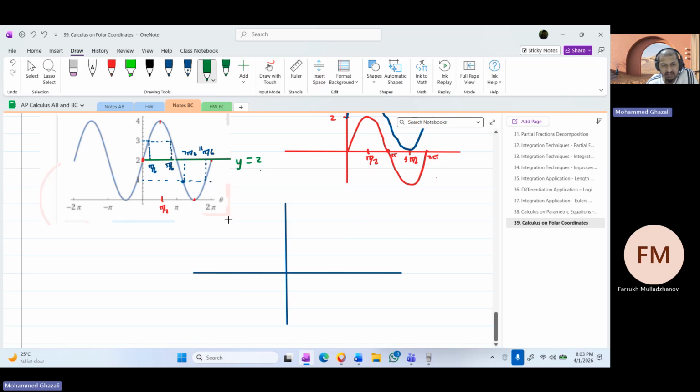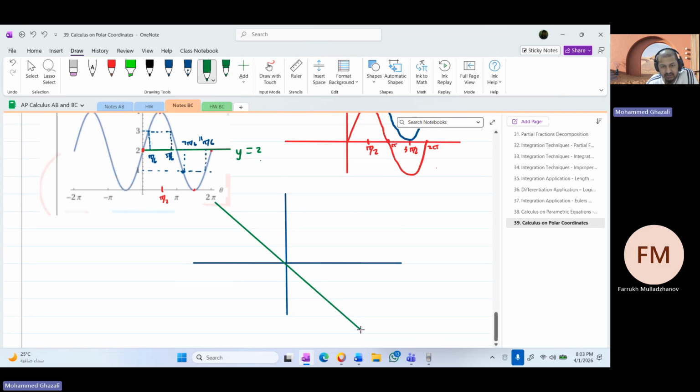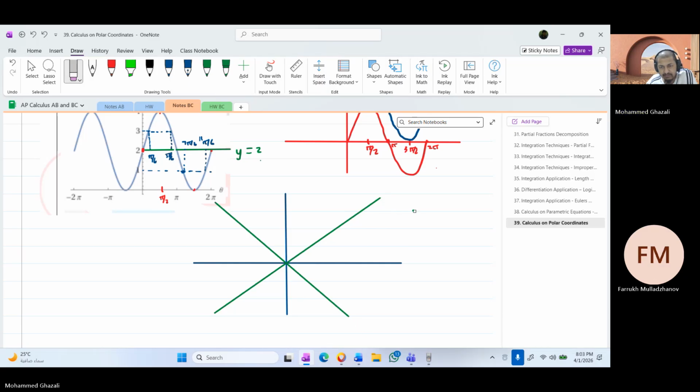I'll put these lines in broken form. So that's a 45-degree line. What about a 30-degree line? If that's a 45-degree line, that's a 45-degree line, so cut it in halves. Don't worry about these. These are just broken lines, helping lines, like the helping lines we had before. So these are all my helping lines.